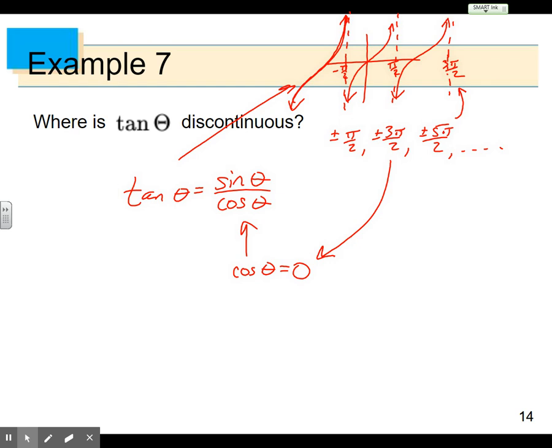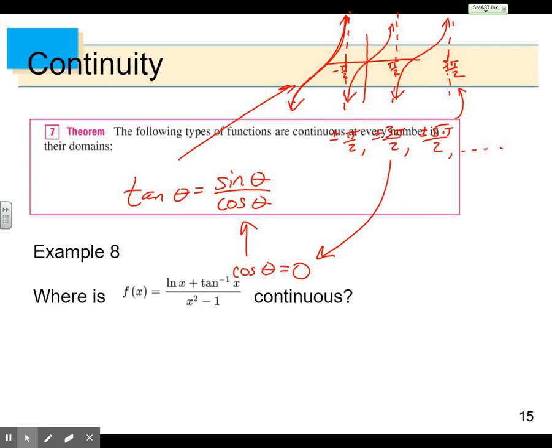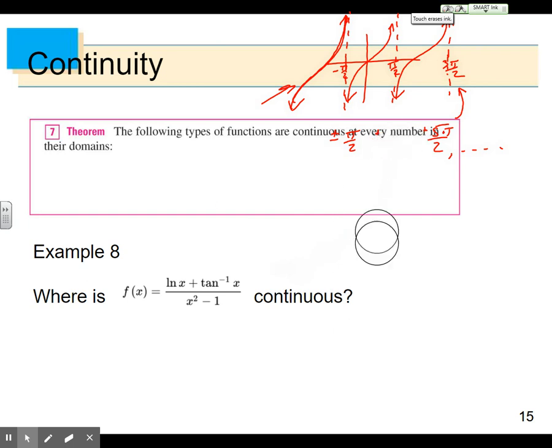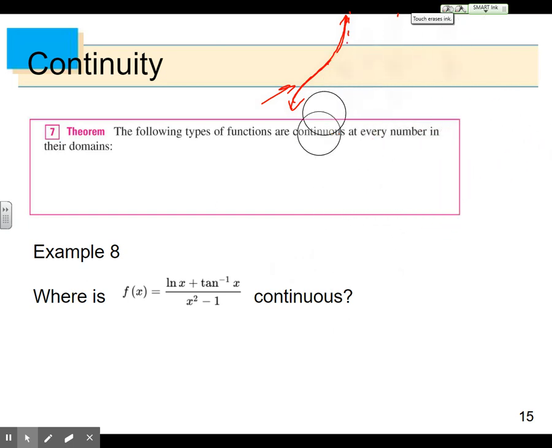So to say all that, we kind of have a new theorem here. That's going to cover a little bit more than Theorem 5. So I'm going to list out all the types of functions that are continuous at every number in their domain. We already know that polynomials work.